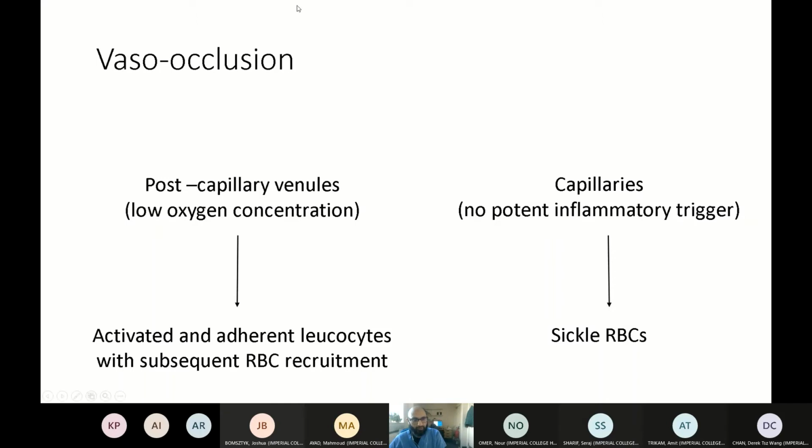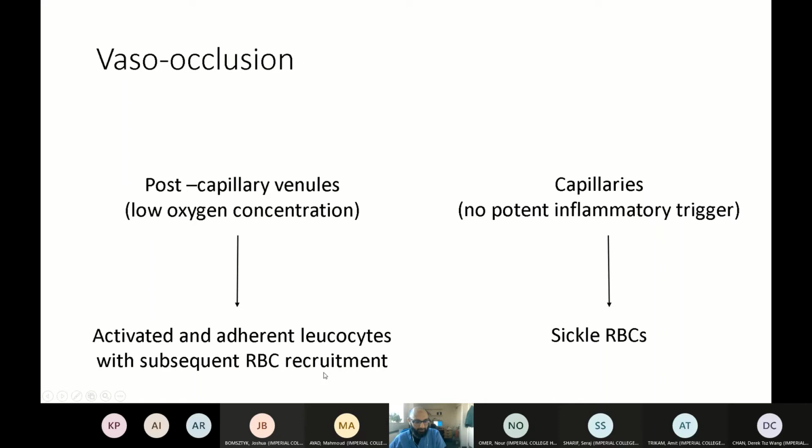I just wanted to highlight the fact that the vaso-occlusion is due not only to sickle red cells. In the capillaries, the primary process is that the occlusion is due to sickling and adhesion of red cells to the endothelium. But in the postcapillary venules, the process is slightly different, and there's a lot more contribution from other cell types, the white blood cells and the platelets, that form aggregates with the red cells adhering to the endothelium.